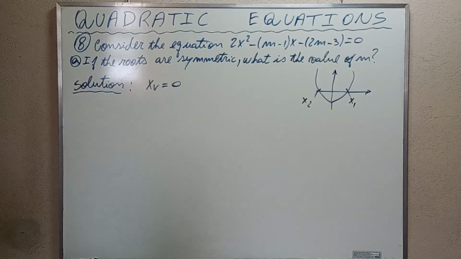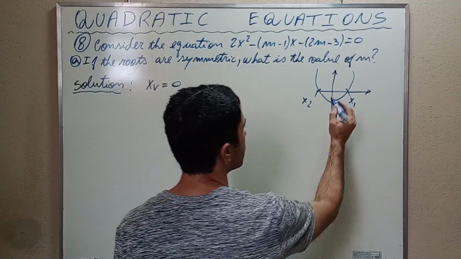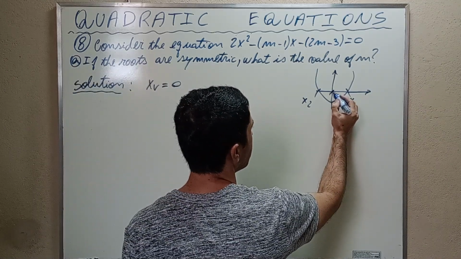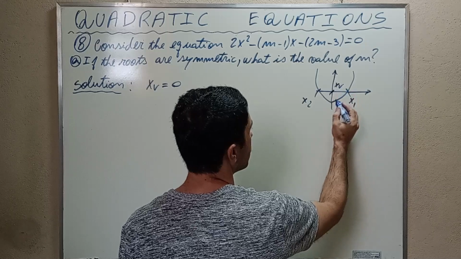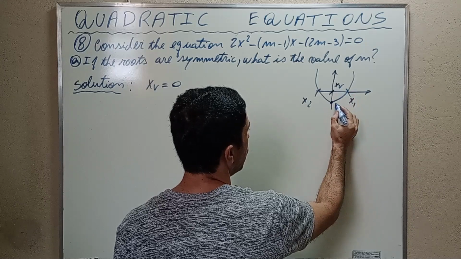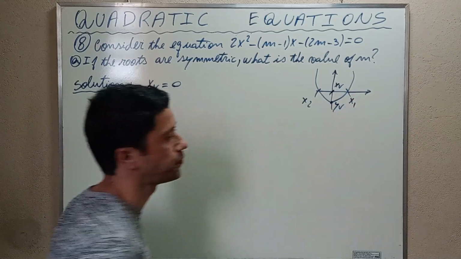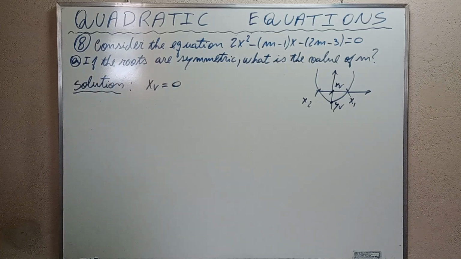Okay? They are symmetric if this is xv and this is yv. Alright?